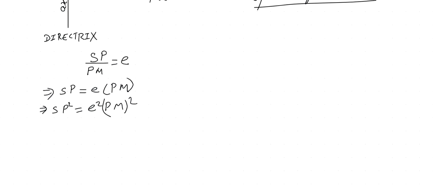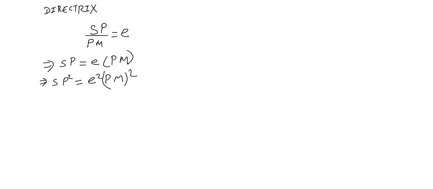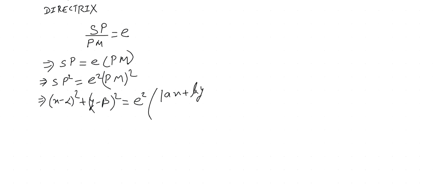These distances are going to be: SP square is (x minus alpha) square plus (y minus beta) square, equals e square times PM square. PM is the modulus of ax plus by plus c divided by root under a square plus b square, whole square.